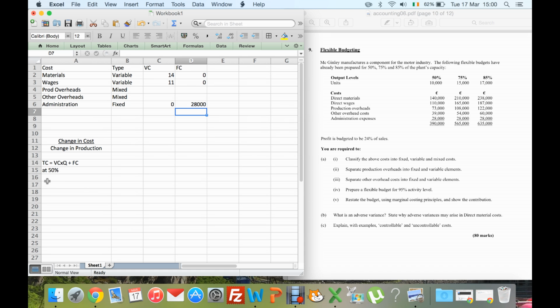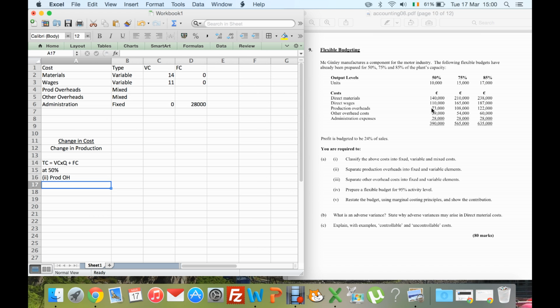So using my formula, I'm going to do production overheads first. To separate them, I need to get the variable element first by using the first formula. So the cost goes from 73 to 108, so that's an increase of 25. Is that it?